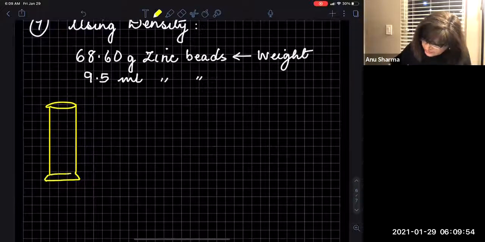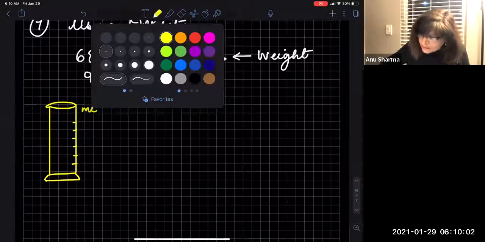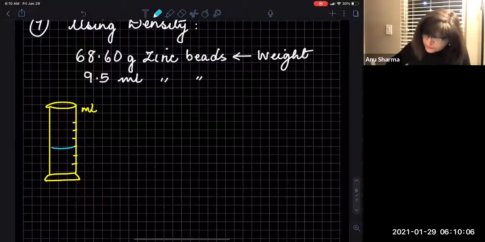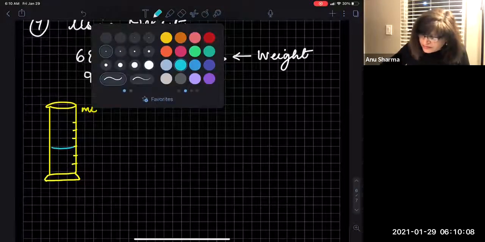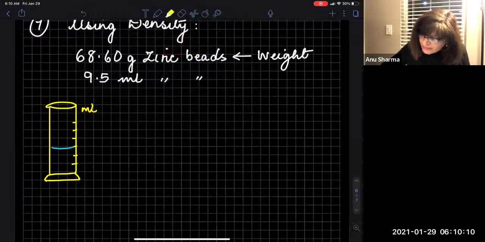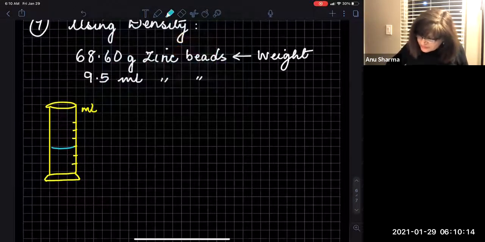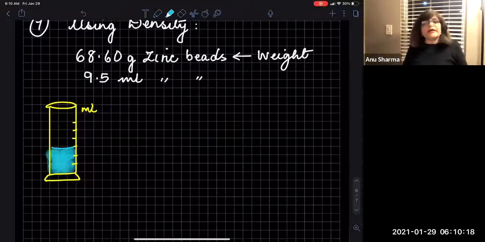It has all these markings, in milliliters. So now you fill this up with water up to a certain level. You make a plain reading of just the plain water.